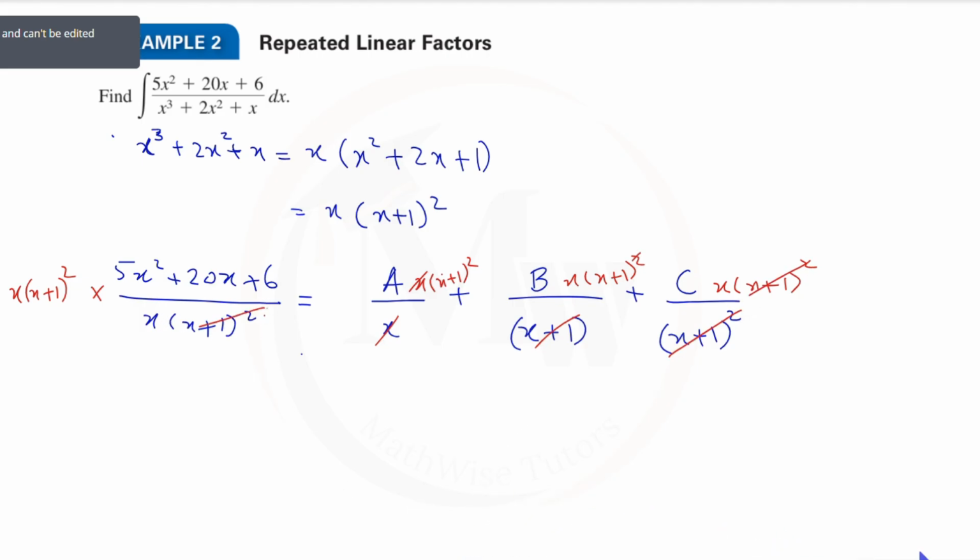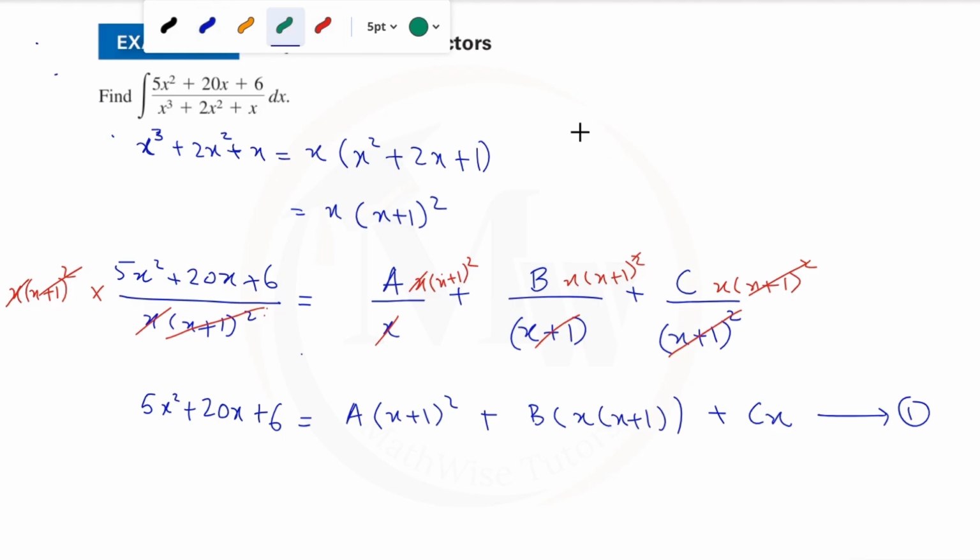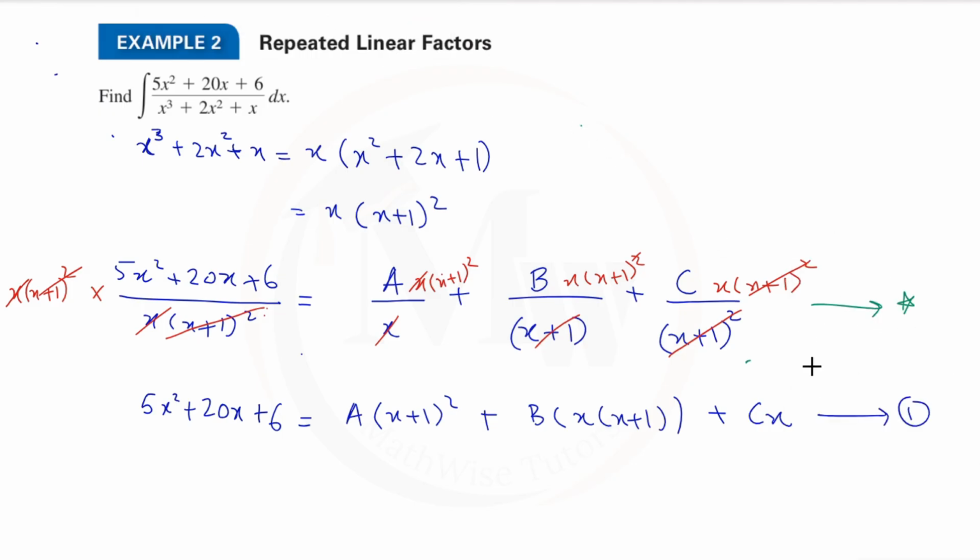And here all terms cancel out. What is left is 5x square plus 20x plus 6 equals a times x plus 1 square plus b times x plus 1 plus c times x. Now this is the one equation. Let's call the above equation again the star equation, in which we'll plug the values of a, b and c.